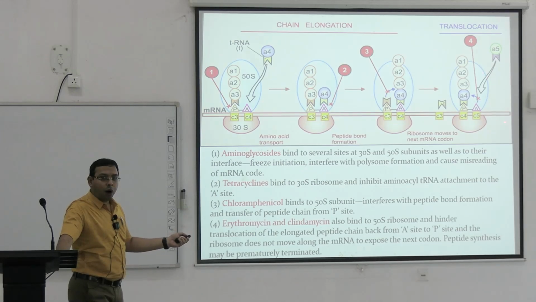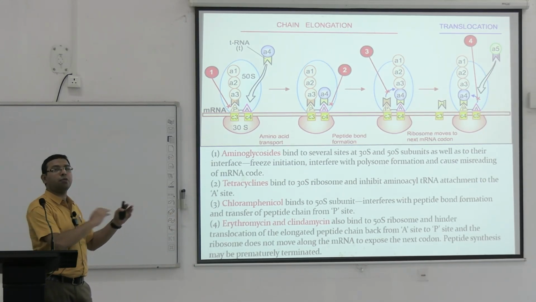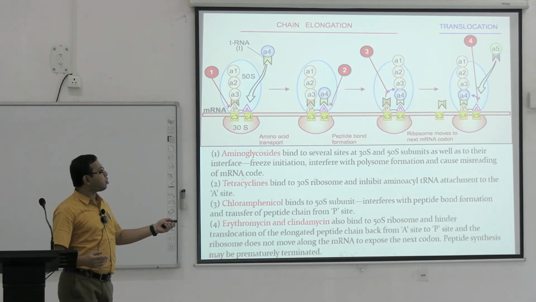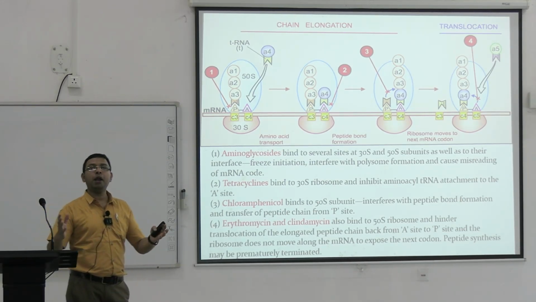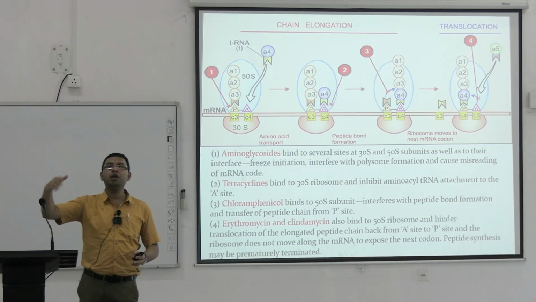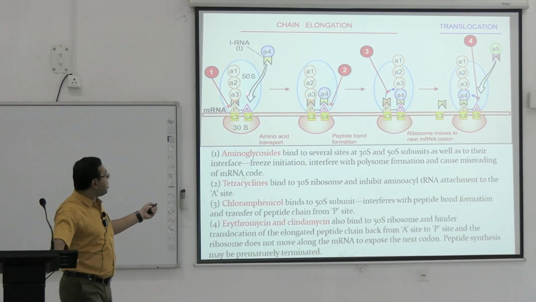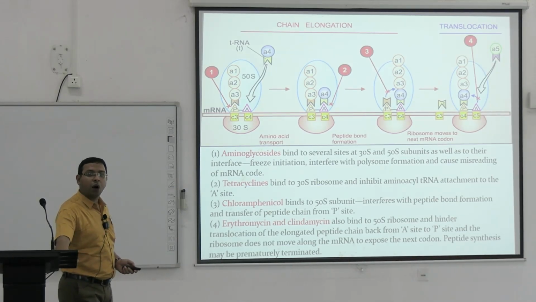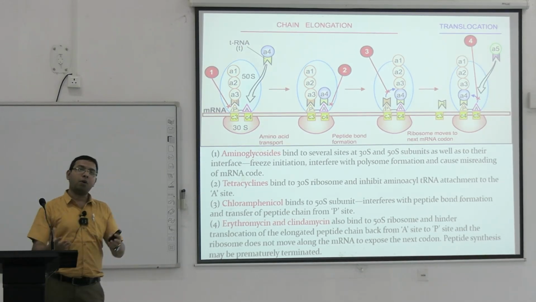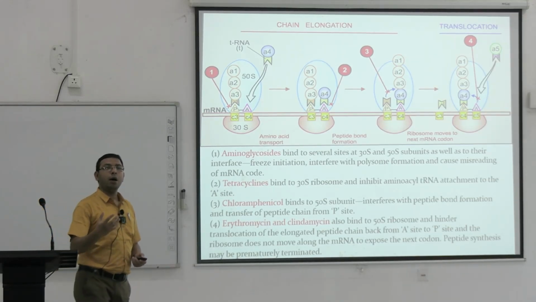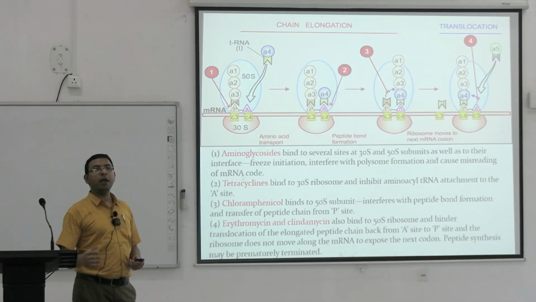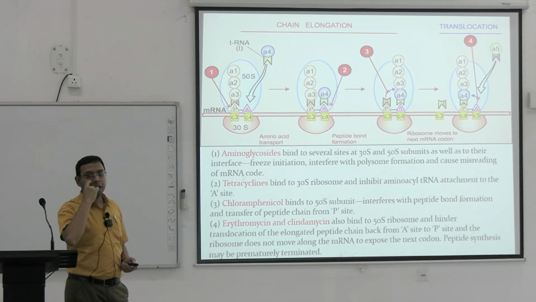They ultimately block back transfer of the already elongated chain to the previous peptidyl site, so that the acceptor site will be open for further attachment of the newer peptide bond. And the aminoglycosides we will read later. This mainly acts at the first step. So it is clear how tetracycline acts, or how chloramphenicol acts, or how protein synthesis is blocked by different types of other antibiotic agents.